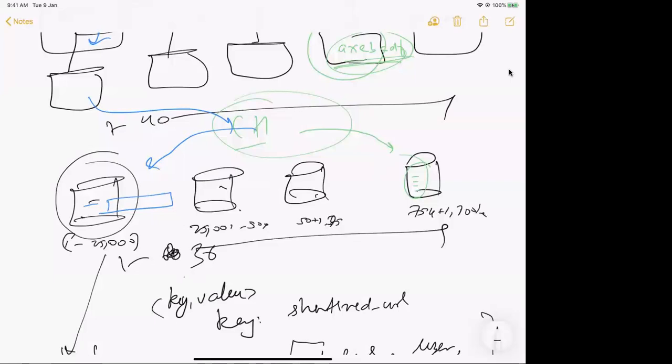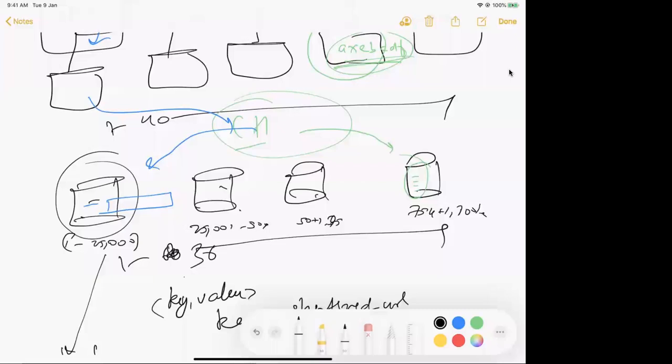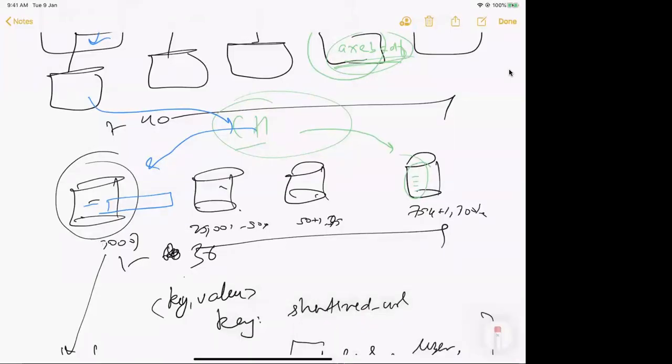Right. The very first problem with this approach, Sameer, is what happens if you have to add a box or if you have to remove a box? The moment you have to add a box or remove a box, would you agree with me that the ranges change drastically? The moment the ranges change drastically, you will have to revamp all your data.